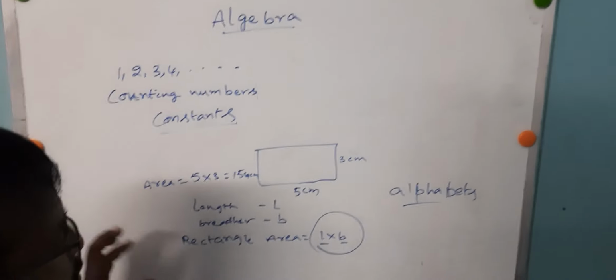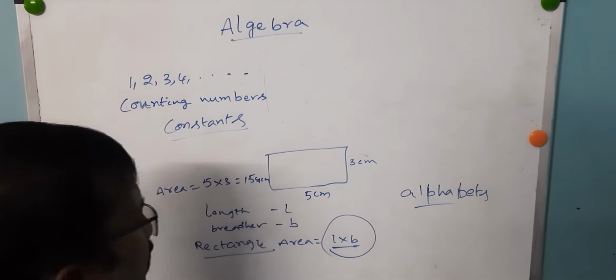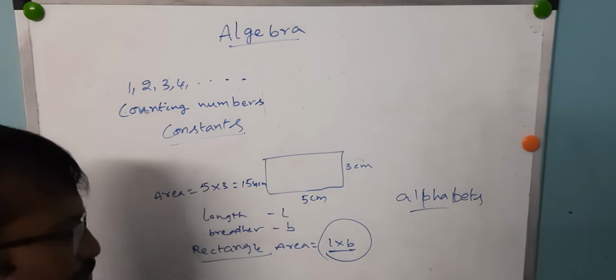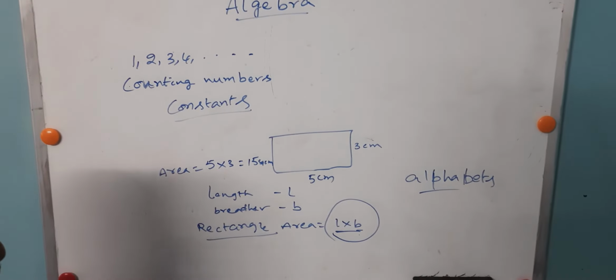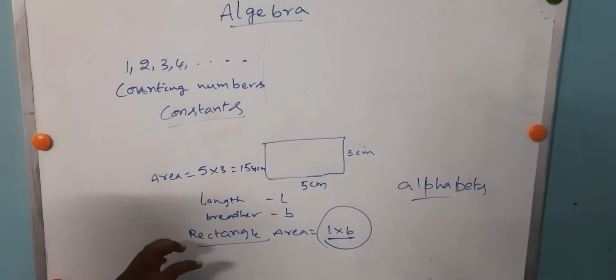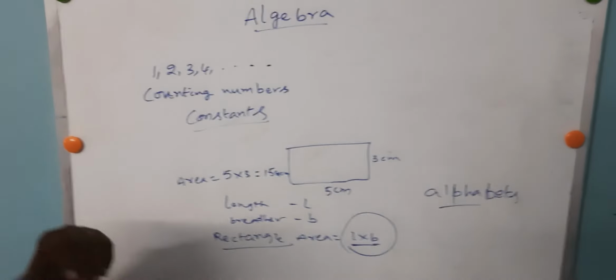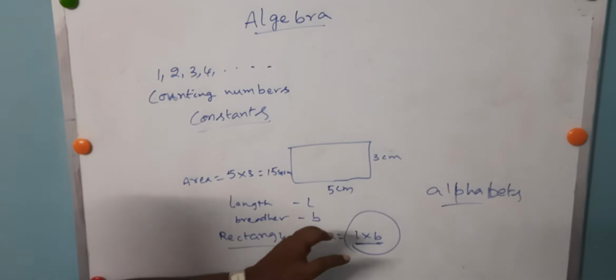variables. See, L into B. So rectangle area is L into B. When we take 13 instead of L and 5 instead of B, 13 into 5 is 65. So L may take any value and B may take any value. That means this is not a constant value.